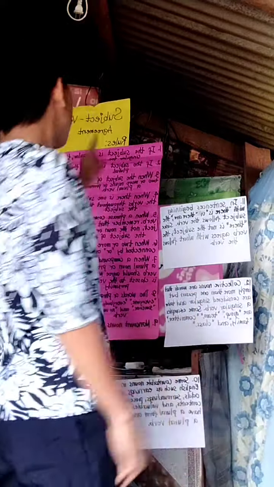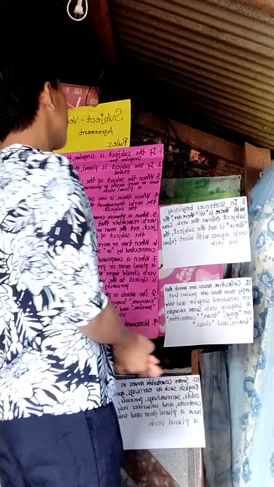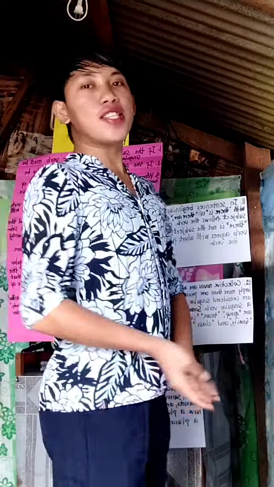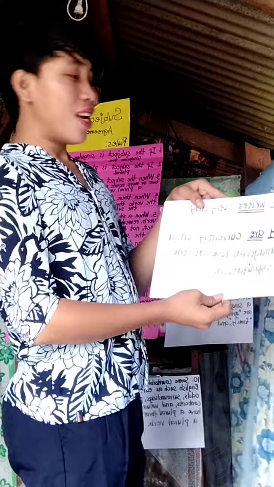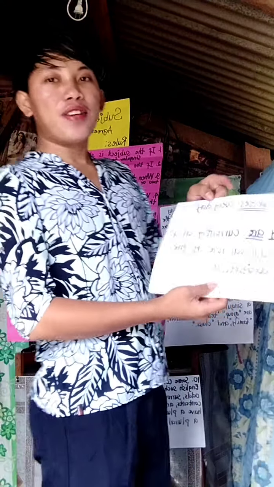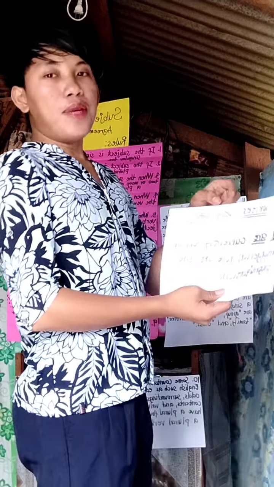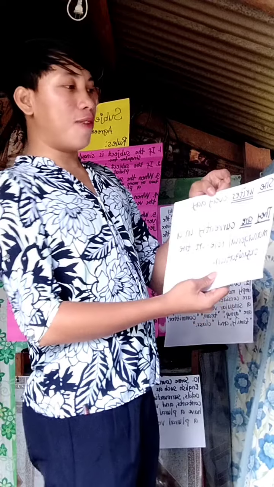So let's proceed to rule number 1. If the subject is singular, the verb must be singular too. According to rule number 1, if the subject is singular, we need a singular verb also. Just take a look at an example. Let's read: She writes every day. Okay, class, from the sentence, please locate the subject and the verb.